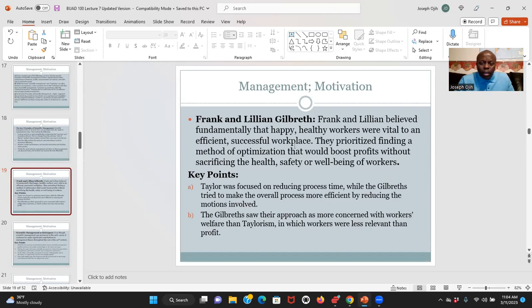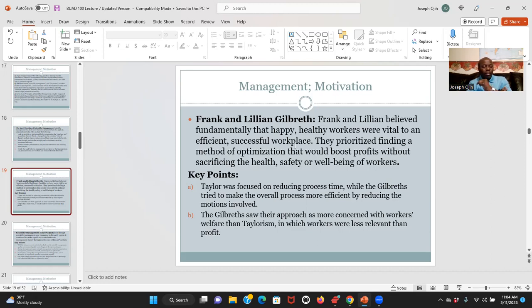So to them, defining a method of optimization that will boost profit without sacrificing the health, safety, and well-being of the workers should be top priority. So even though organizations want to find a way to boost profits, they should not do that at the back of the workers.